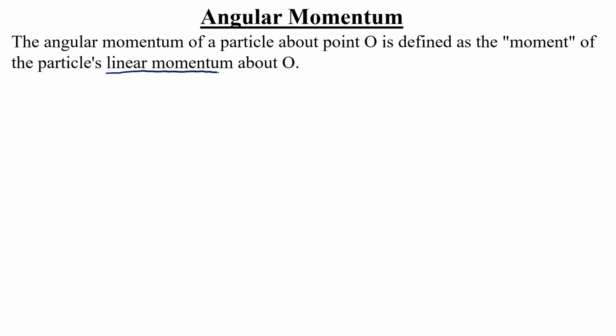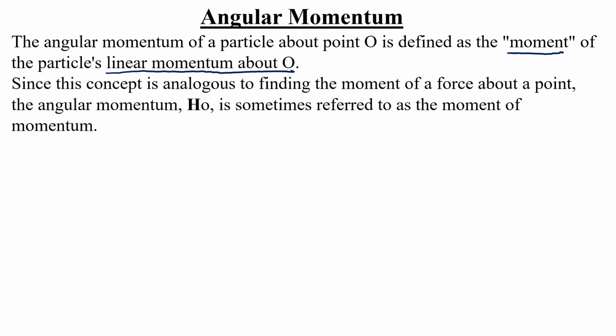You have to flip it about O, and then find the moment of that linear momentum. Since the concept is analogous to finding the moment of a force about a point, the angular momentum is sometimes referred to as the moment of momentum.